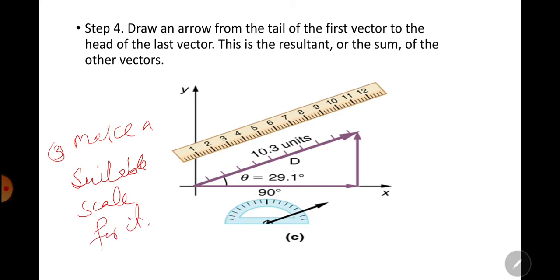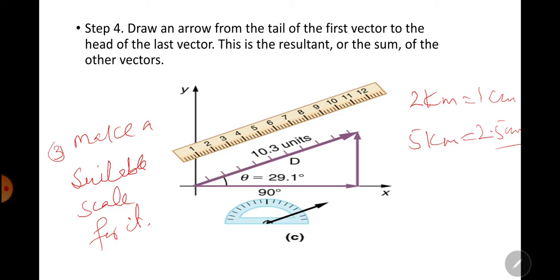For example, you cannot draw a line of 2 kilometers or 5 kilometers, so you will select a scale. 2 kilometers is equal to 1 centimeter. So 5 kilometers will be equal to 2.5 centimeters. So a 2.5 centimeter line will represent a distance of 5 kilometers. So you will make a scale like this for it.